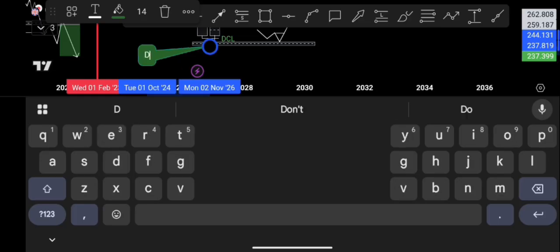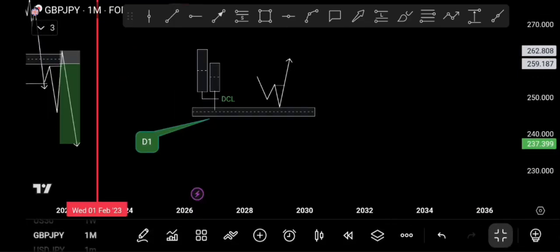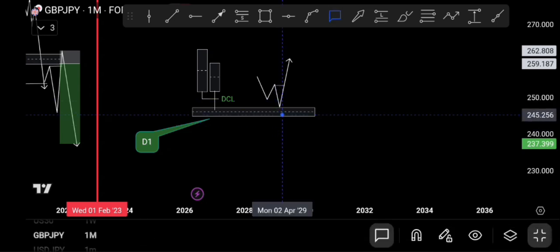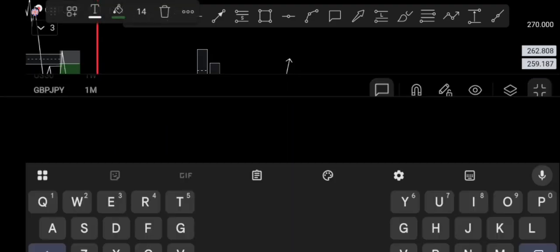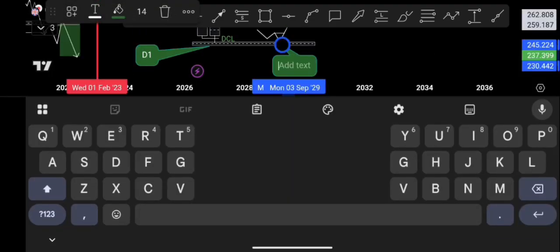Let me see, D1 daily time frame. We have this as, we have these as 4-hour.